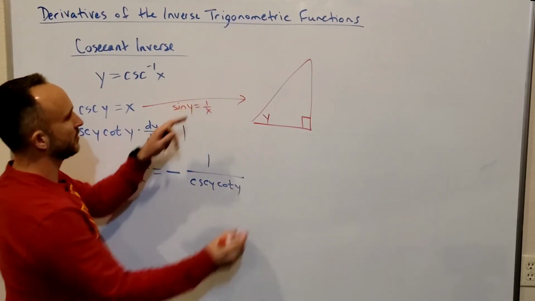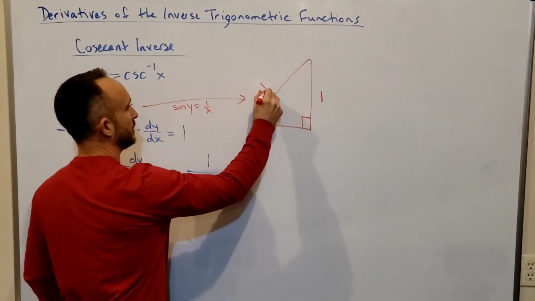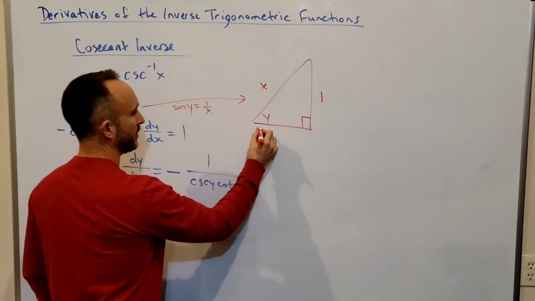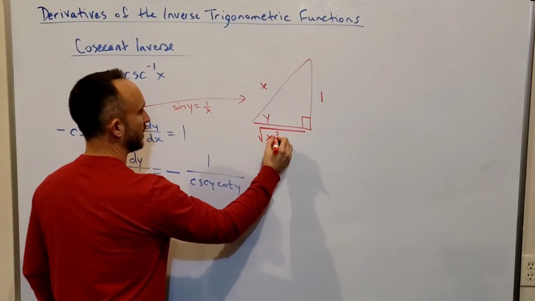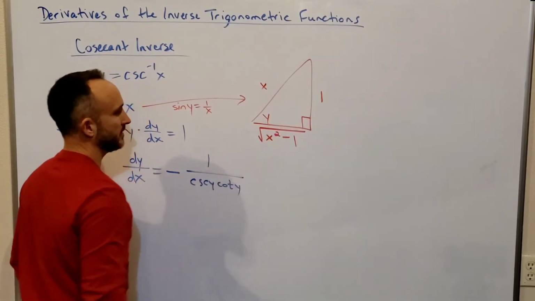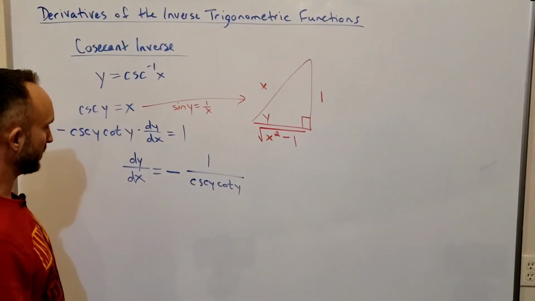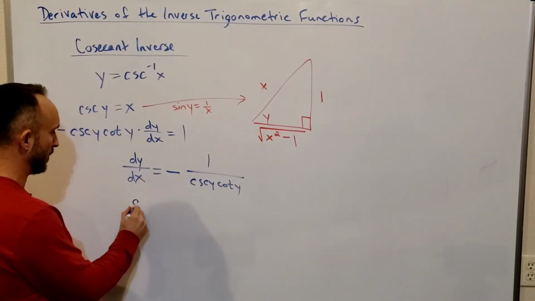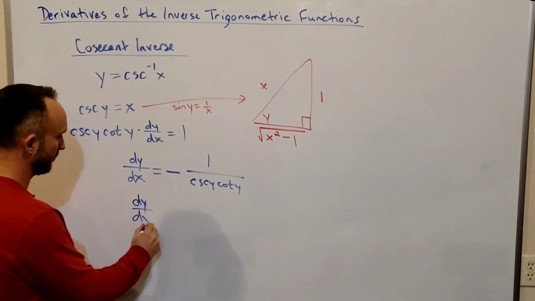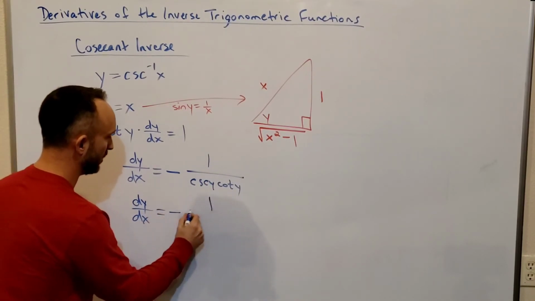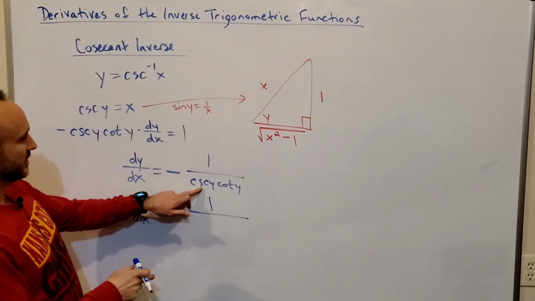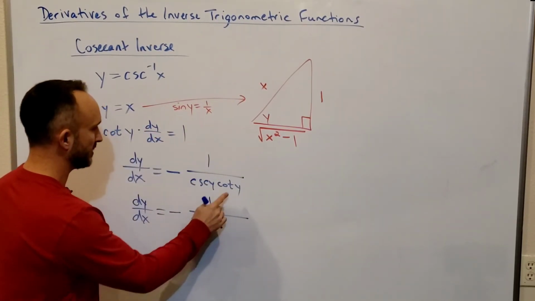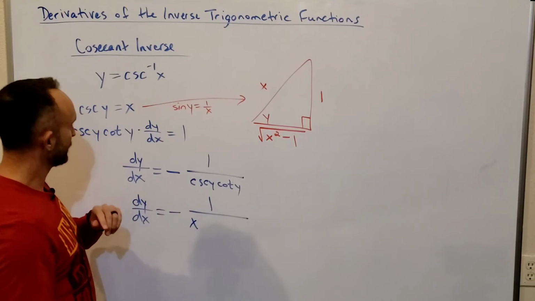So opposite, we'd use 1, and hypotenuse, we'd use x, which would mean by the Pythagorean theorem that the other leg is the square root of hypotenuse squared minus the other leg squared. Thus, dy dx equals negative 1 over cosecant of y, which is just x, you could also tell from the triangle, times the cotangent of y.